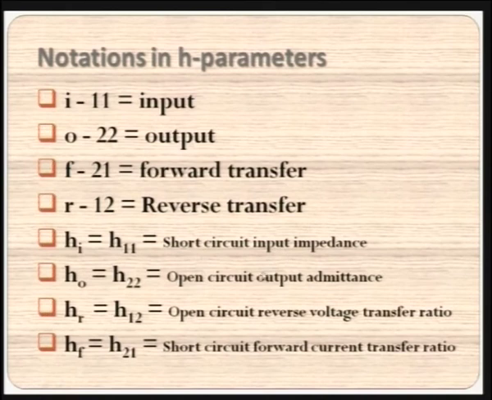And of course, these points I have already highlighted. The H11 is the input impedance, H22 is output admittance, H12 is voltage transfer ratio, and H21 is current transfer ratio, of course with the other terminologies like forward, reverse, input, output, etc. And one more condition, whether it is because of the short circuit or open circuit conditions.